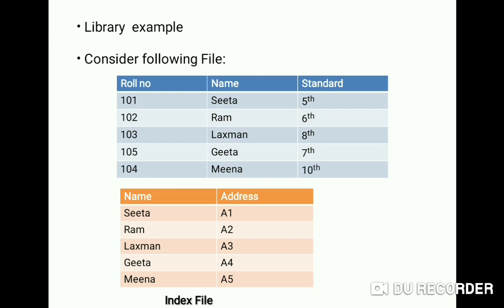You can observe the other table, where only name and address are given. Whenever you find the address A1, you will get all the information of the name Sita, that is her roll number and standard. So that is considered an index file. This is a very small example. We'll look at one more example in the next slides.